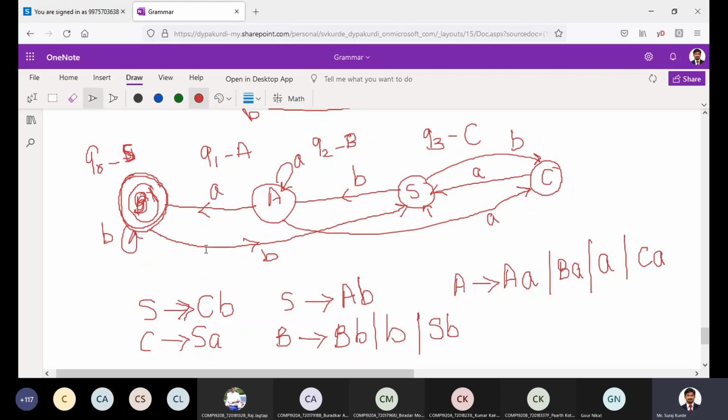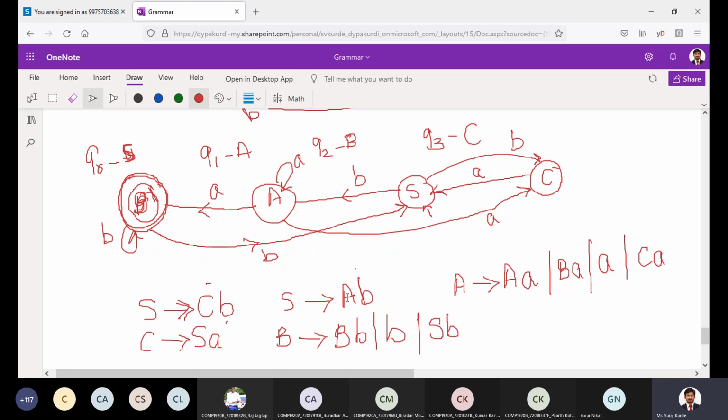So 1, 2, 3, up to 8. We have 8 production rules plus 2 for this final state, total 10.